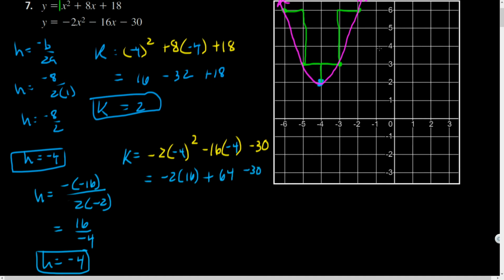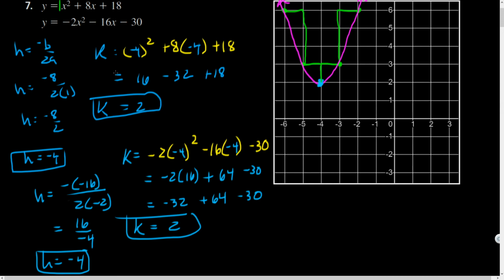I'm assuming based on the window size I gave us, I've pre-planned this, and hopefully it lands on this window. Oh yeah, it will. We're good. So 32 minus 30, I get 2. It's the exact same vertex.